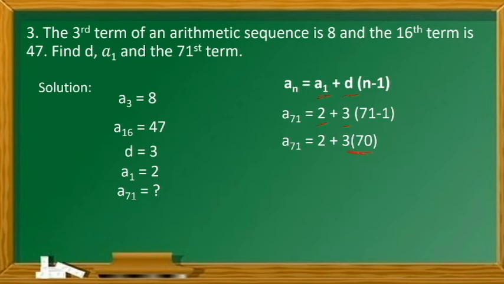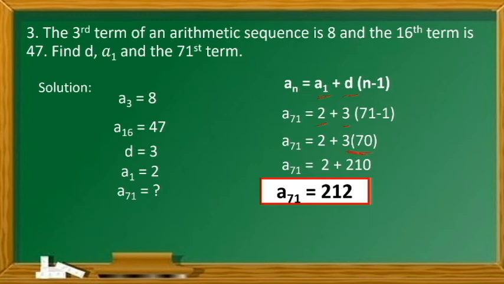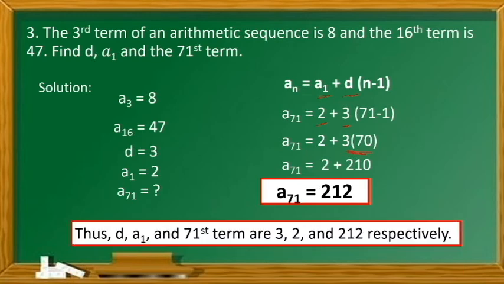Then we multiply first 3 times 70. Then we have a sub 71 is equal to 2 plus 210. Then adding 2 and 210, we have a sub 71 equals 212, or our 71st term is 212. Thus, our common difference, first term and 71st term are 3, 2, and 212 respectively.